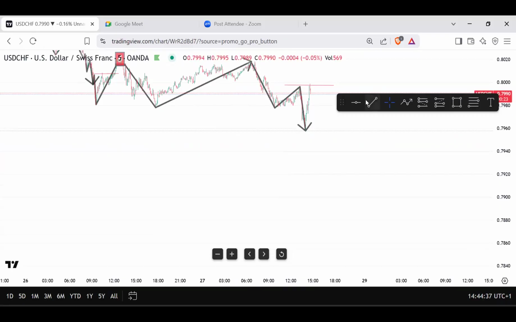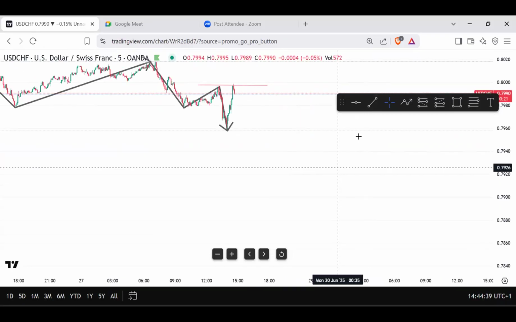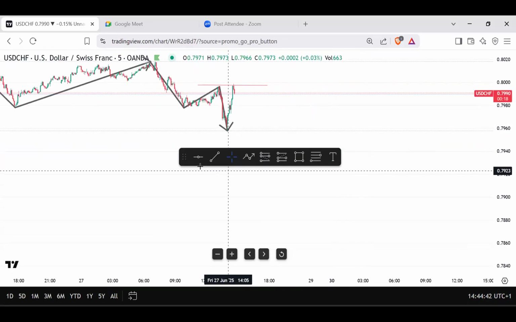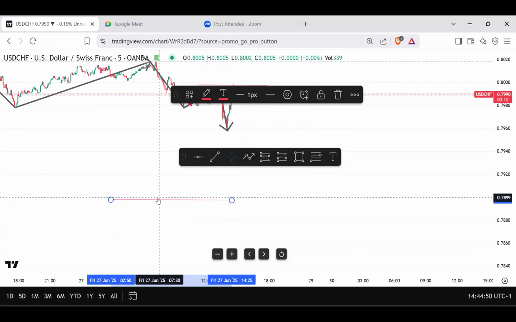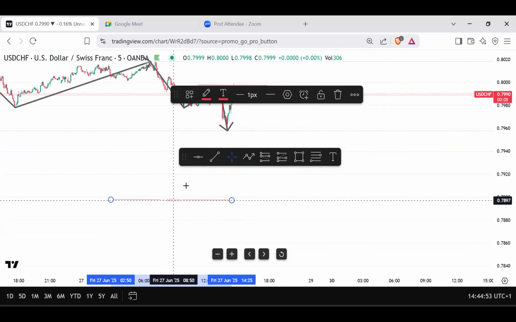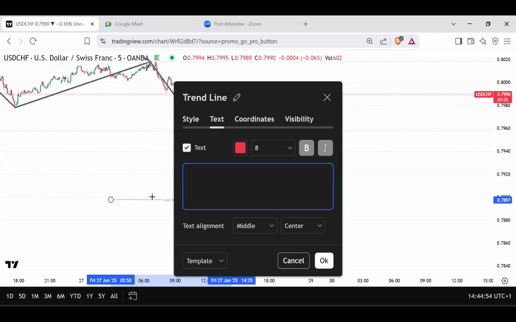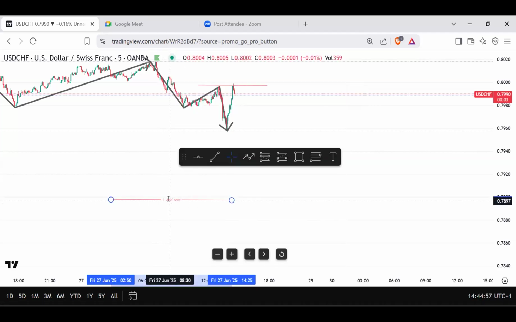So these tools, this one right here, you can use it for your inducement line. You select it, and you can write in the middle when you double click.